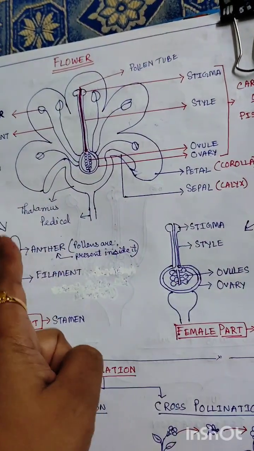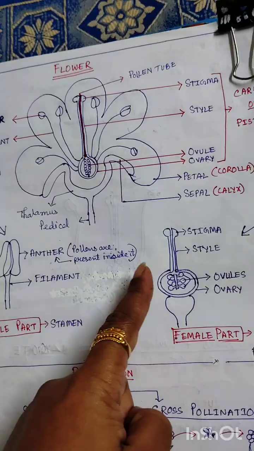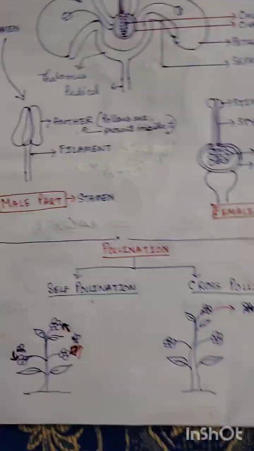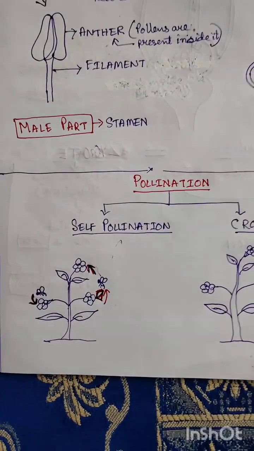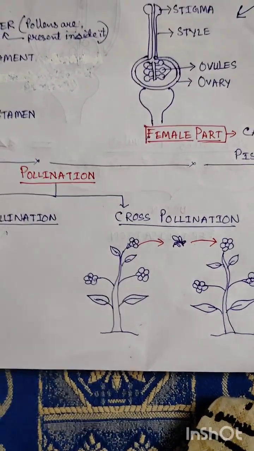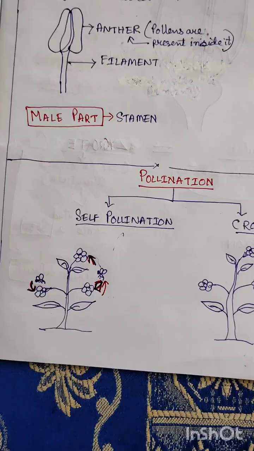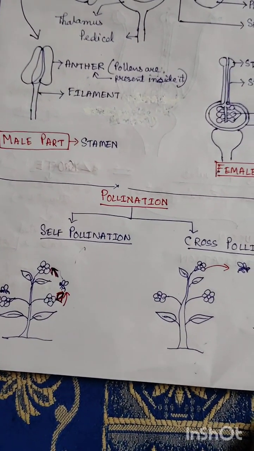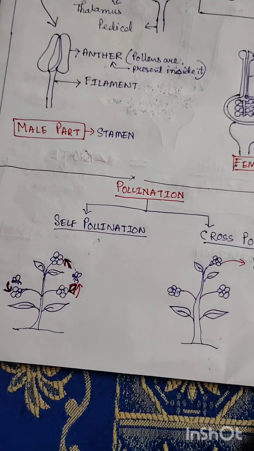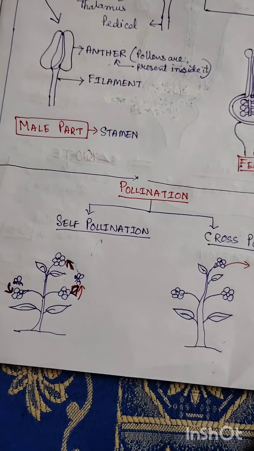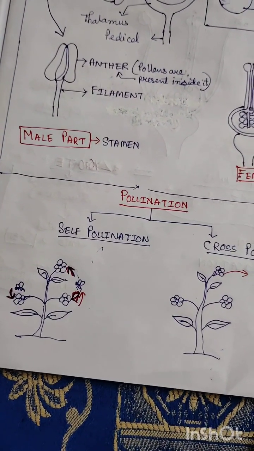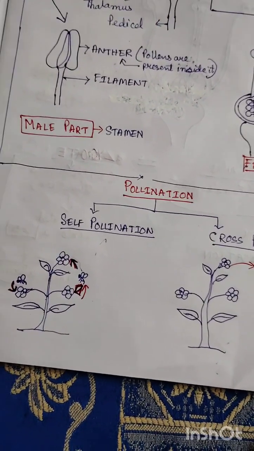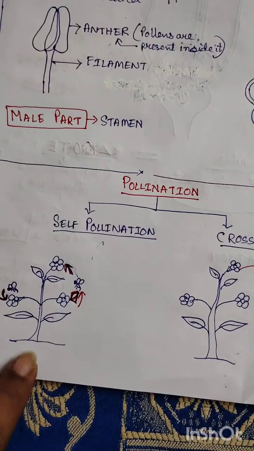That process of transfer is known as pollination. Okay, there are two types of pollination: self pollination and cross pollination. Self pollination occurs when pollen grains from the anther of the same flower are transferred to the same flower or to another flower of the same plant. Okay, that is self pollination.